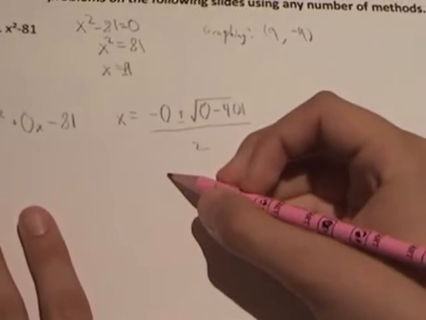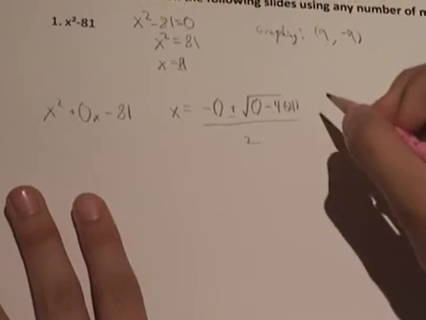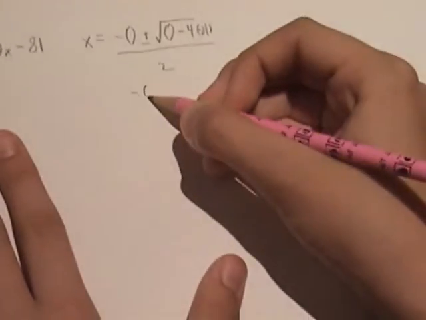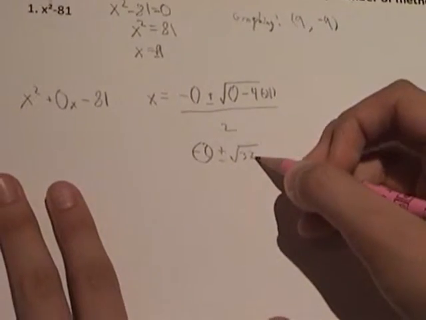So that would be 4 times negative 81. 4 times negative 81 equals 324.